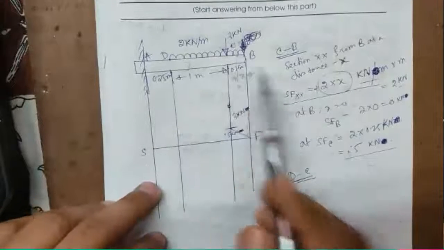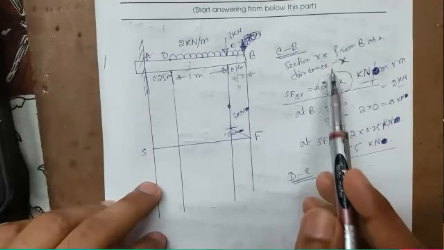So if the section XX is taken between B and C at any point at a distance of X from B, the only acting force, the vertical perpendicular force, is the force due to the uniformly distributed load. The uniformly distributed loading is 2 kilonewton per meter.